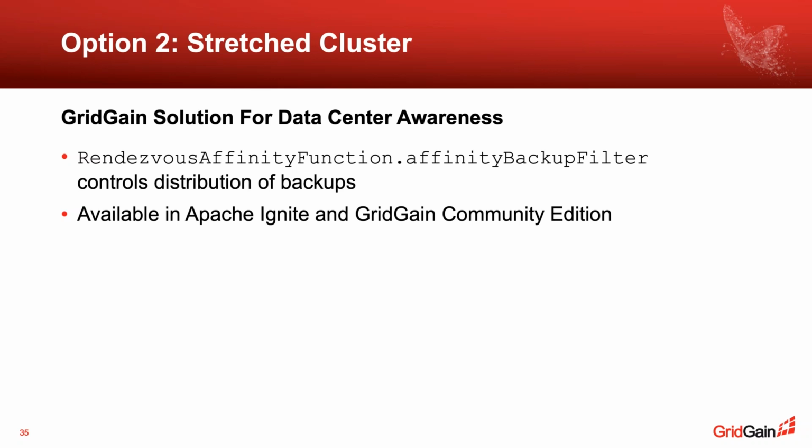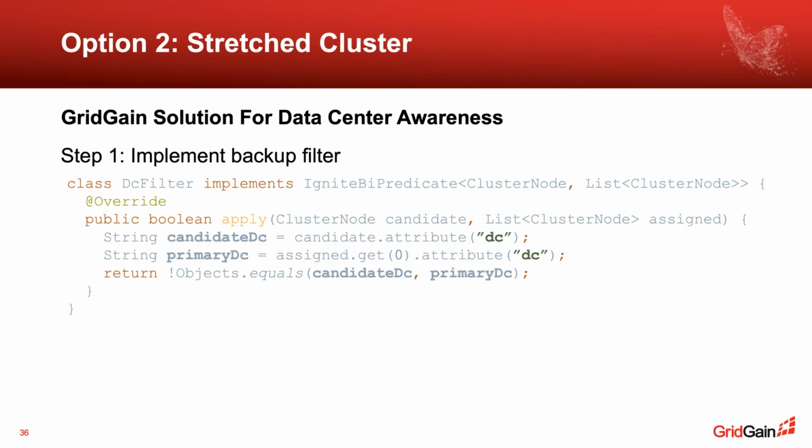So let's look at a bit of code here. There are just 3 simple steps for implementing data center awareness. First, you need to implement the affinity backup filter. This is some code that you need to write on your own, but your code will most likely be very similar or even the same as the one you can see on the slide.